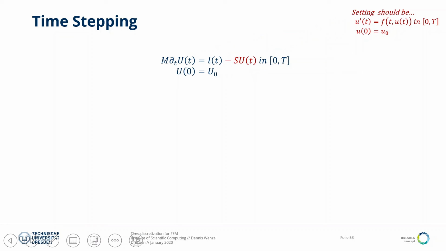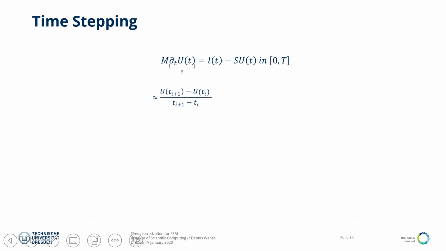So we just take the s times u to the right hand side, and all of a sudden this looks quite good, because now you could write this as f of t and u of t, and you are in your setting. So this can be used to evaluate your slope at a certain time point and thus create a time stepping scheme. And that's what we're going to do now.